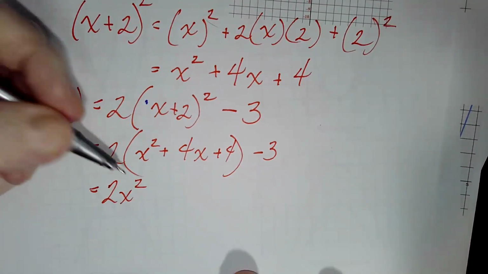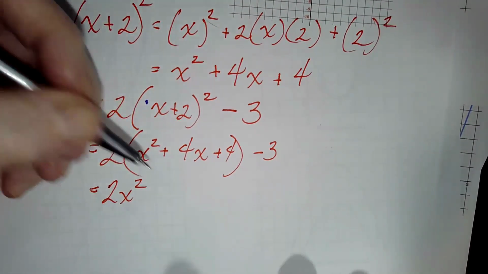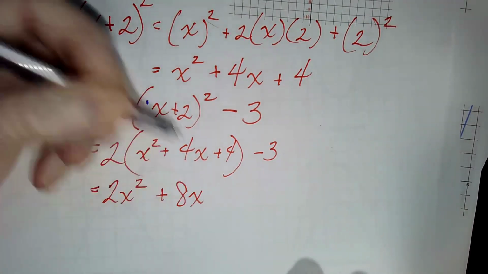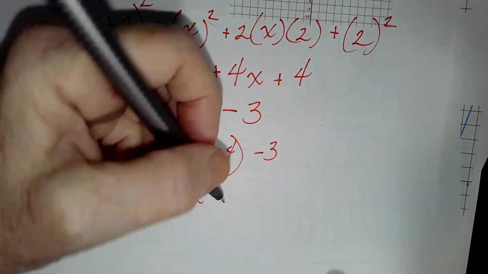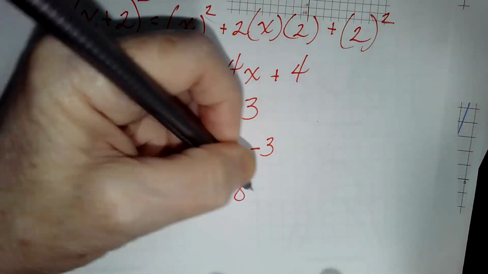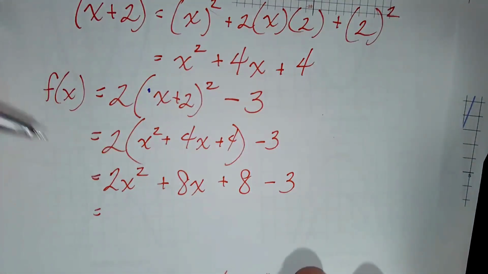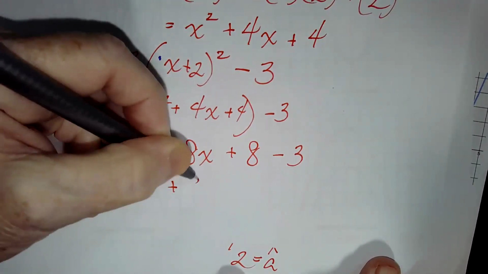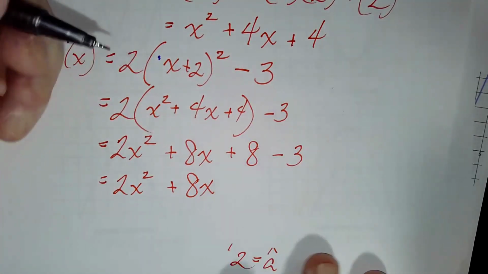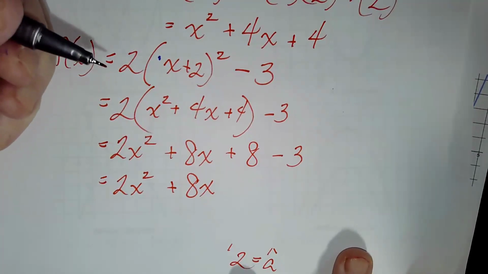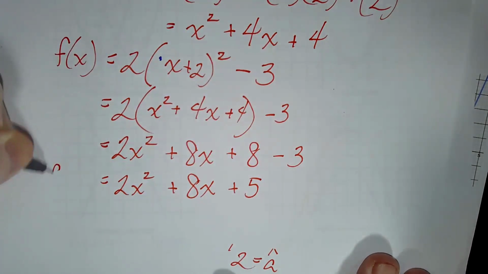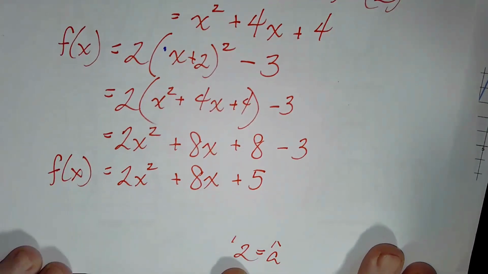And 2 times 4x is 8x, beautiful. And we're subtracting 3. So we've got 2x squared plus 8x, and 4 times 2 is 8, and 8 minus 3 is 5. Beautiful.